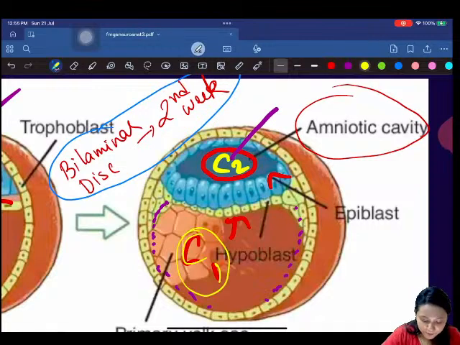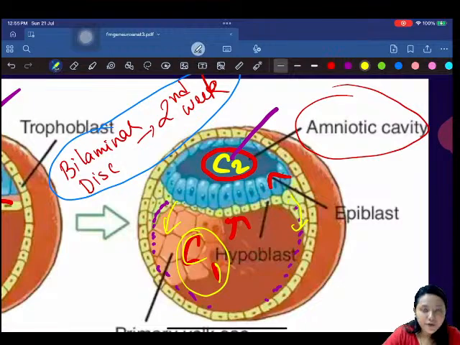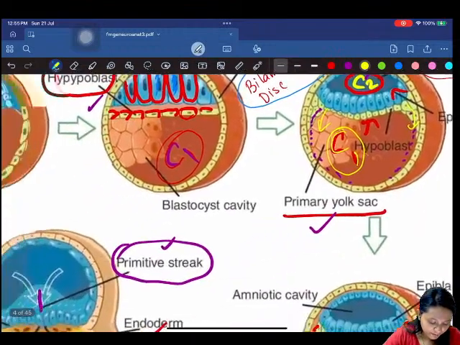The hypoblast cells are going to migrate towards the yolk sac. So we know that the extra embryonic endoderm is formed from the hypoblast, giving rise to your yolk sac. And then you have the amniotic cavity. After that, what happens?